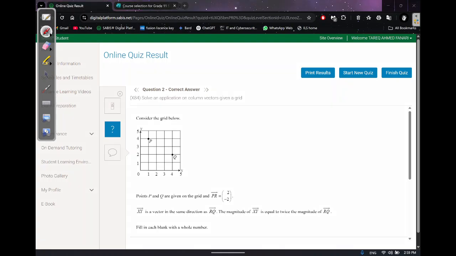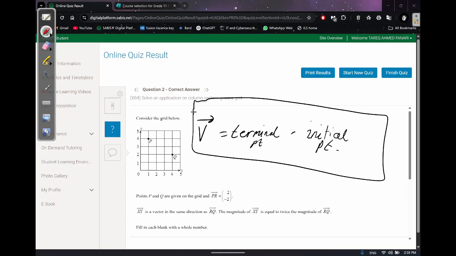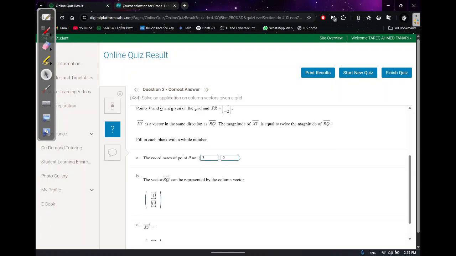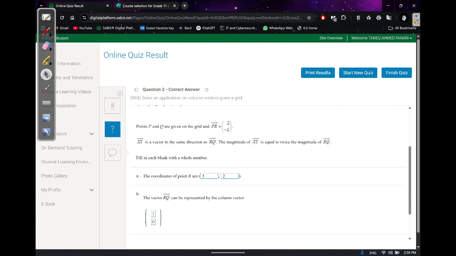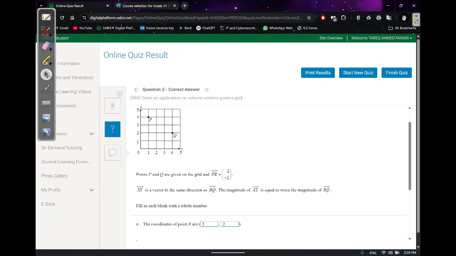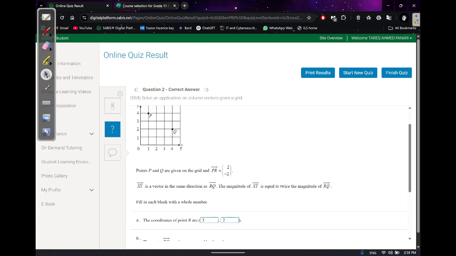Okay, listen. To find the coordinates of a vector, it is always the terminal point minus the initial point. Always. This is your formula for the vector. Now, we want to find the coordinates of point R, and we'll use that same formula because we have PR and the initial point.